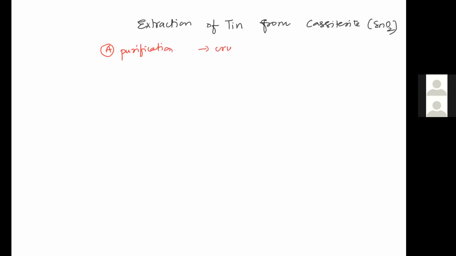A is crushing and concentration. B is electromagnetic separation. C is roasting.